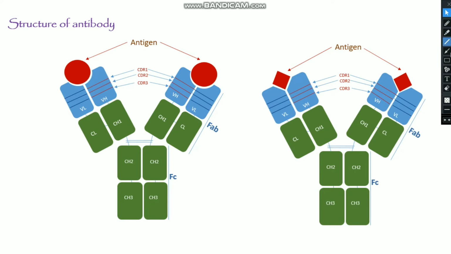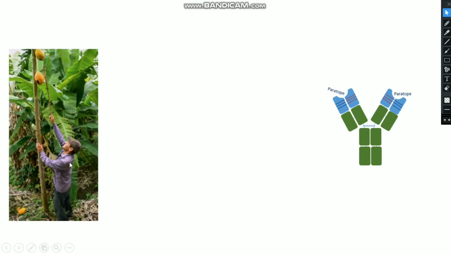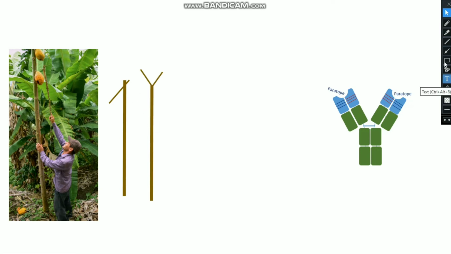All right. So next is one example I'd like to compare. This is a fruit picking stick. As you see, this guy is picking the fruit with this stick, and this stick actually has a constant part, right? If we compare with the antibody, this is the constant part.